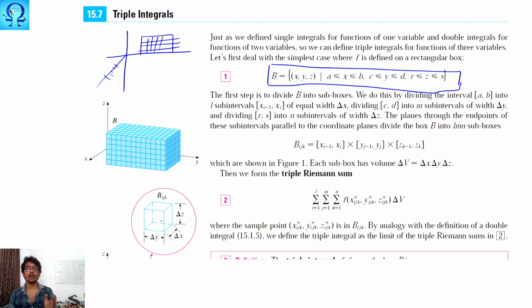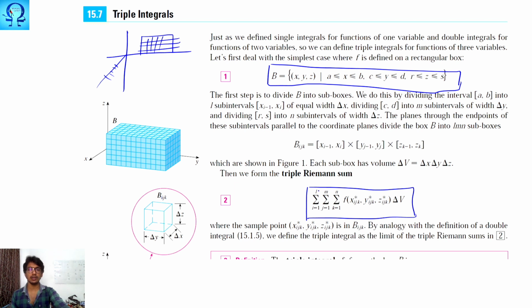You will have to find the volume of these cuboids, and when you sum all these cuboids, you get the entire volume of this thing. Over each cuboid you perform the integration and add it up. That is what is called the triple Riemann sum.